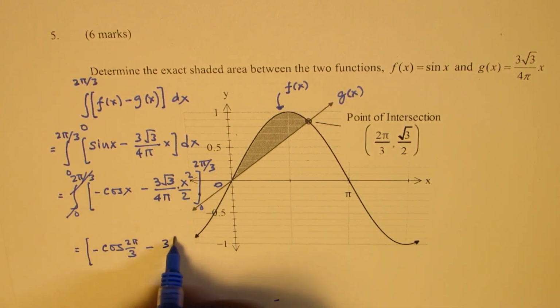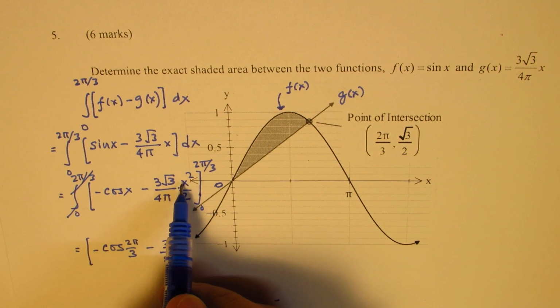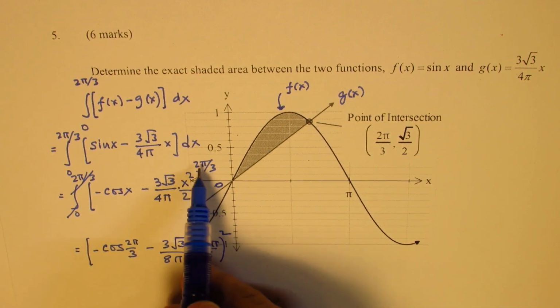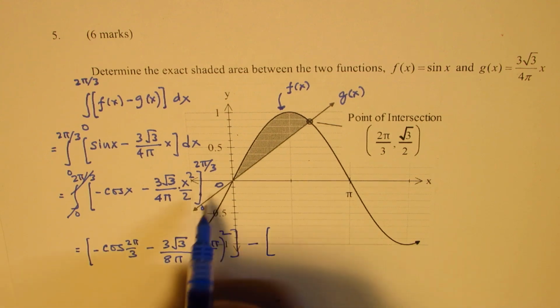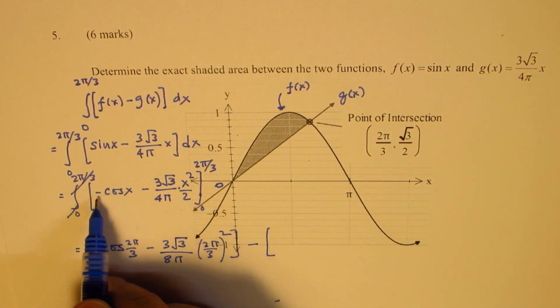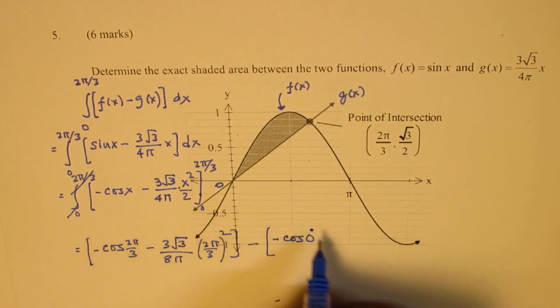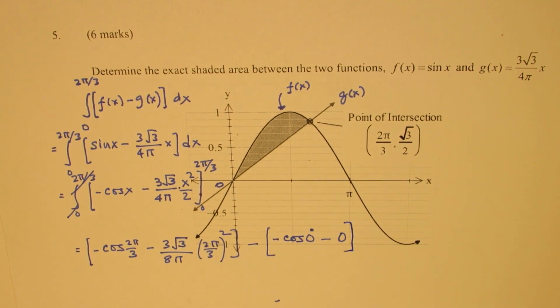So we'll write this as 3 square root 3 over 8 pi times x squared, which is 2 pi by 3 whole squared, clear? So that is this value, minus, now plug in 0 here. When you plug in 0 here, we get minus cos of 0 minus, and when you plug in 0, you get 0 here. So that's what you get.